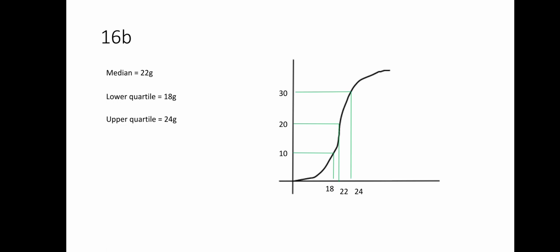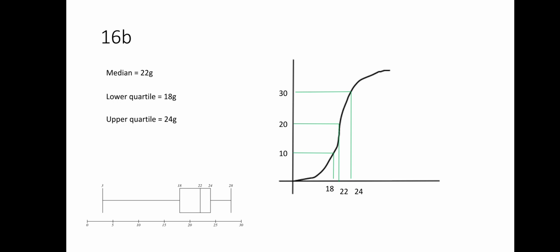And then the upper quartile will be 3/4 of the total, so 3/4 of 40 is 30. So when y equals 30, the corresponding x value is 24 grams, so that means that the upper quartile is 24 grams. So now we have enough information to draw the box plot, because we're also given the lowest value and the highest value.